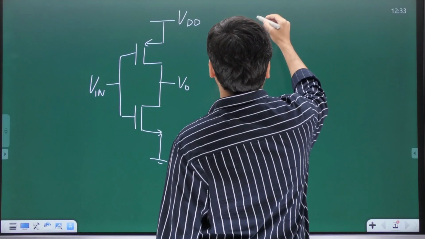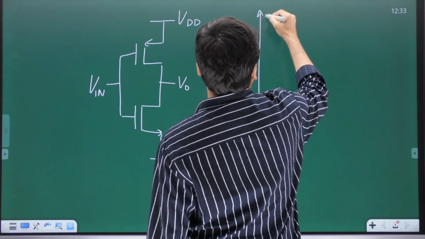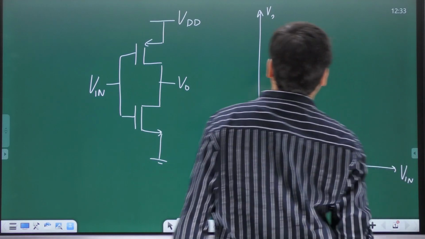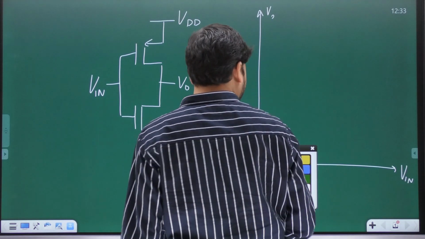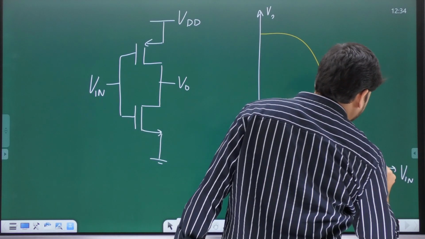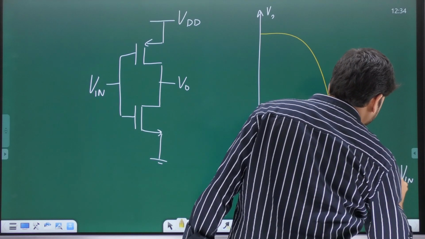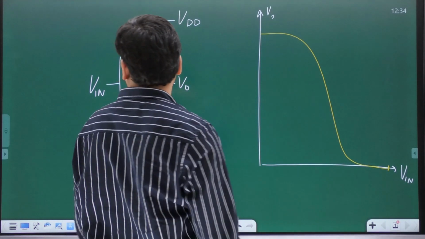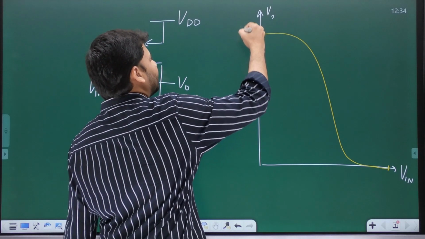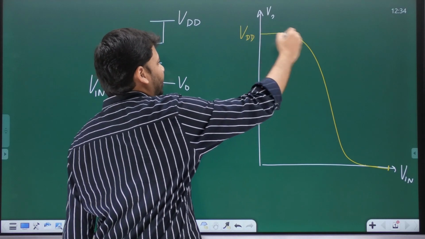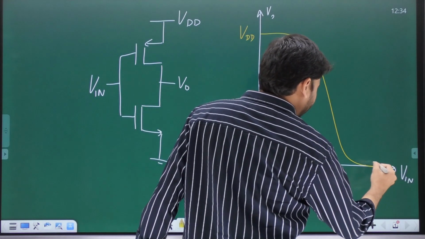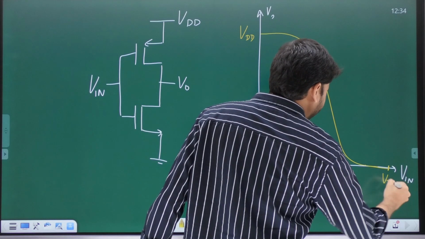And for this CMOS inverter, we had the following voltage transfer characteristic, which is something of this sort, yes or no? So as the value of Vn is varied from 0 to VDD, the value of V0 will gradually decrease from VDD to 0.